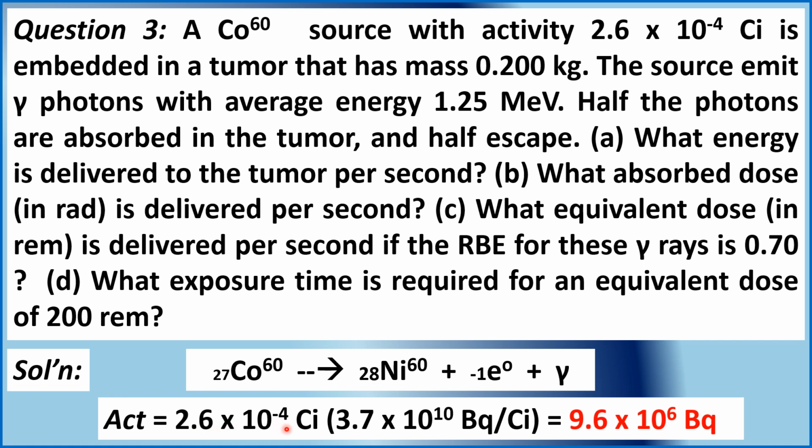So we need to convert that to our SI unit of activity, which is the becquerel. Since 1 curie is 3.7 times 10 to the 10th becquerel, we multiply, the unit curie cancels out, and we get the activity of cobalt-60 equal to 9.6 times 10 to the 6th becquerel.